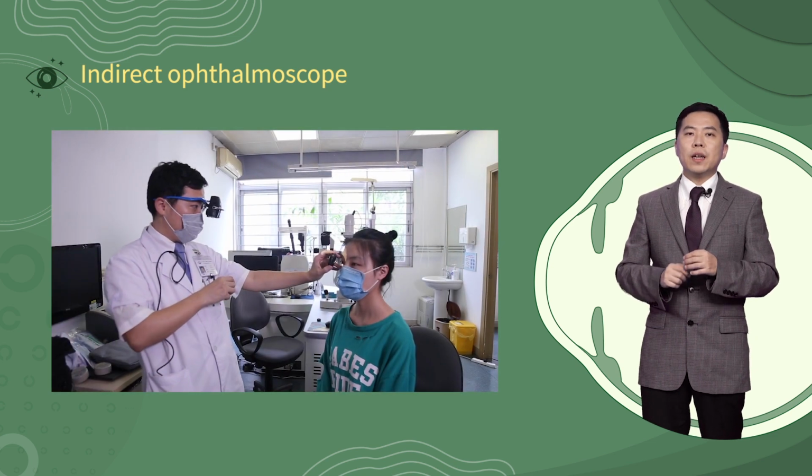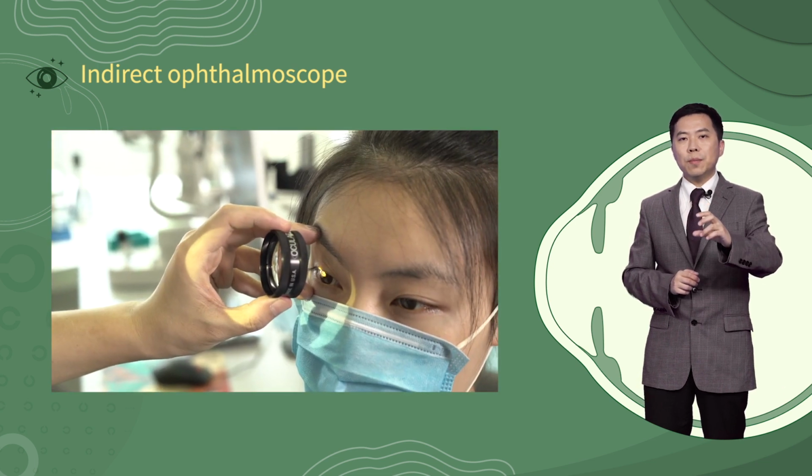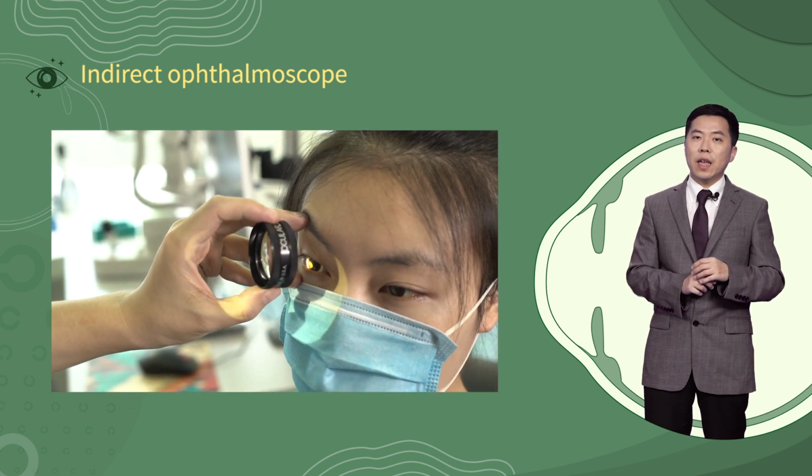A 20 diopter lens is then held at approximately 2 cm in front of the patient's eye. Moving the lens gently backward from the patient's eye should bring the retina into view. Gentle tightening may improve the view and reduce unwanted reflections.